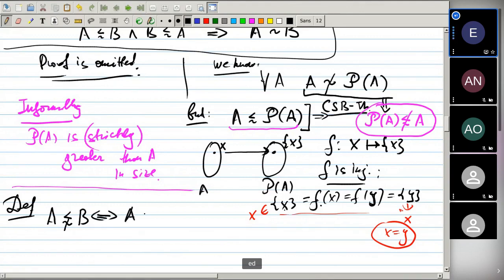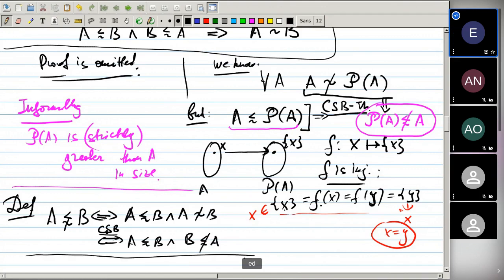That means that A is embeddable to B, but it is not equivalent, or in view of our CSB theorem, it is the same as to say that A is embeddable into B, but B is not embeddable into A. Strictly greater. Is it clear?